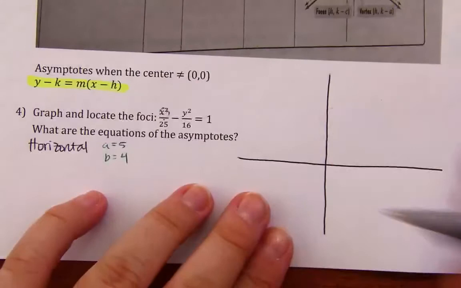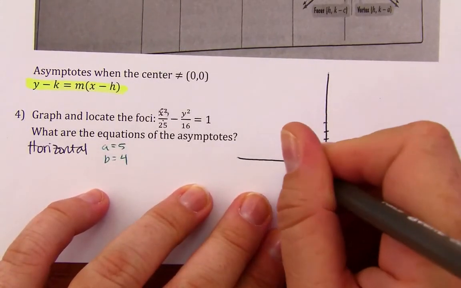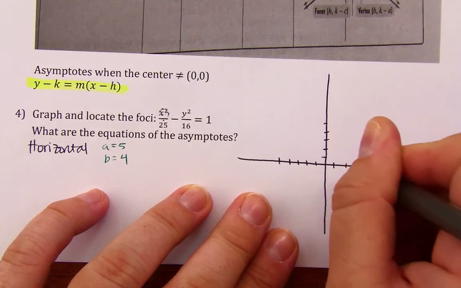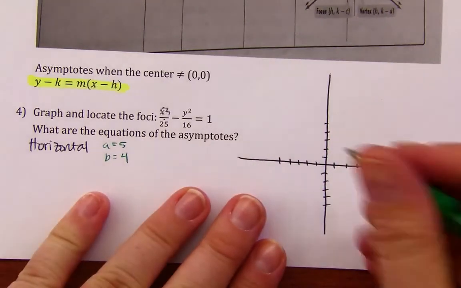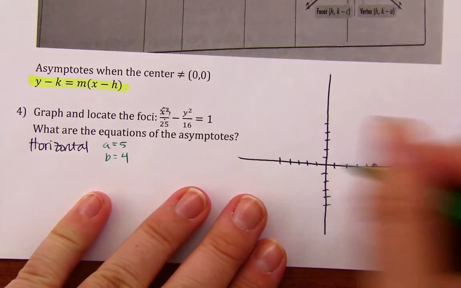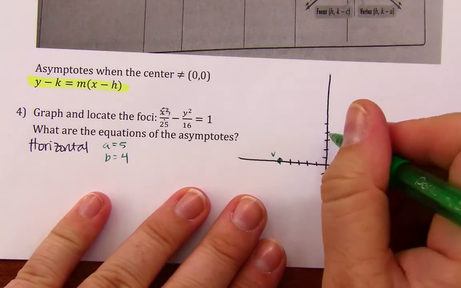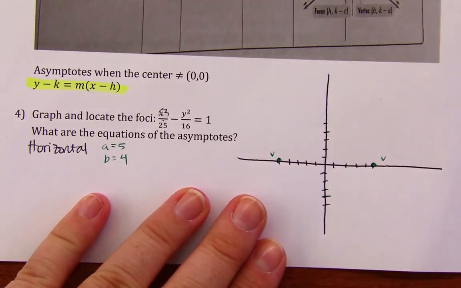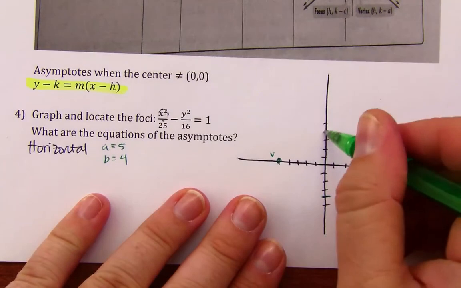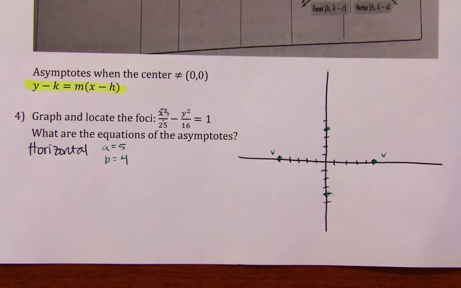So let's go ahead and plot those points. 1, 2, 3, 4, 5. 1, 2, 3, 4, 5. And it's horizontal, my vertices are here. And my co-vertices, I'm just going to put a little point there for myself to remember that that's where they're at. Okay. And that's going to allow me to draw this box.